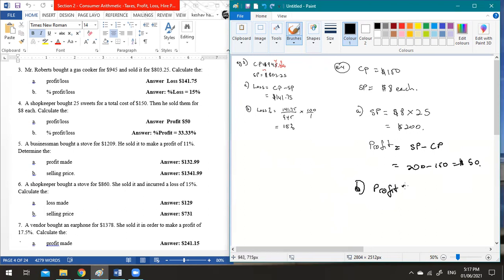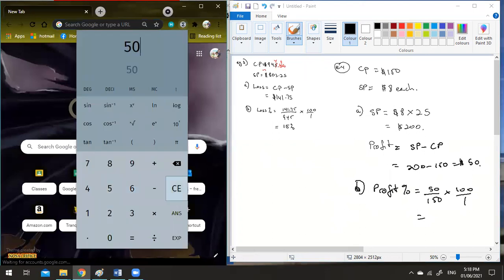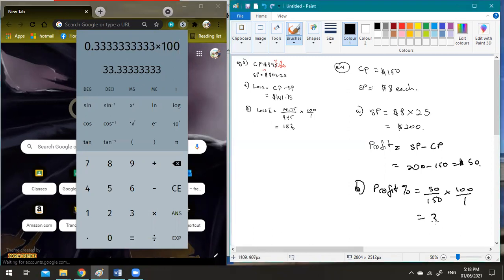Profit percentage is the profit, which is $50, over the cost price, which is 150, multiplied by 100 over 1. So calculator time again. 50 divided by 150 equals, multiply by 100. 33.33 recurring. Or this is a decimal that we should learn, 33 and a third percent.